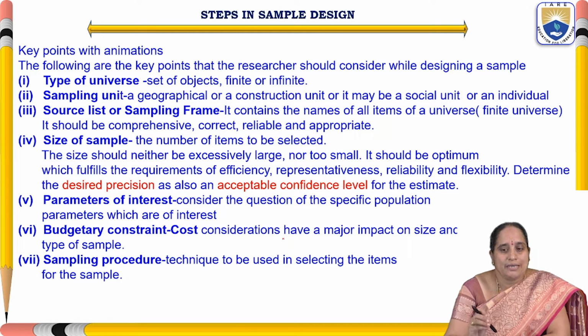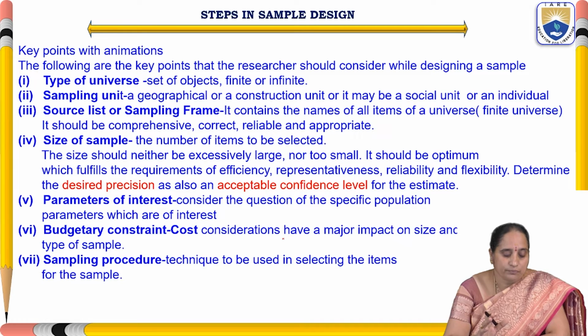That size is always limited in number, so that type of universe is known as a finite universe. It should be comprehensive, and whatever data you select from the universe should be correct so that we can test the reliability, and it should be appropriate also.